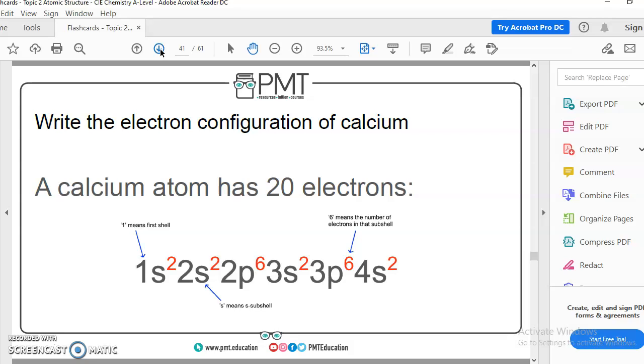The second shell has 2s, which can hold 2 electrons, so 2s2, and 2p6, since 6 electrons can be held in the 2p subshell. In the third shell, 3s holds 2 electrons and 3p is filled with 6 electrons, and the remaining ones are added in 4s. So the overall configuration of calcium is 1s2, 2s2, 2p6, 3s2, 3p6 and 4s2.